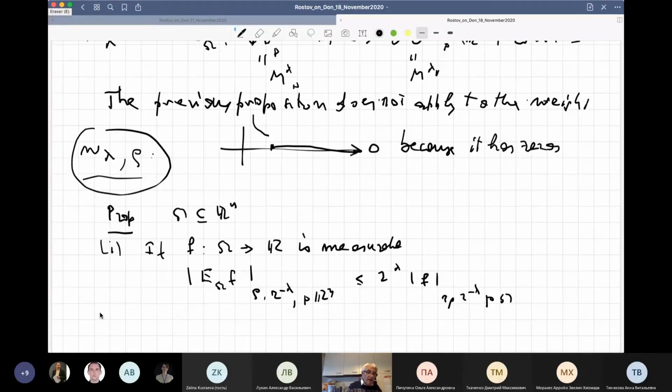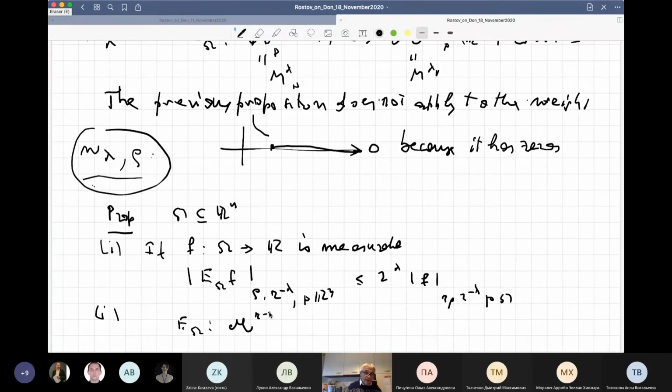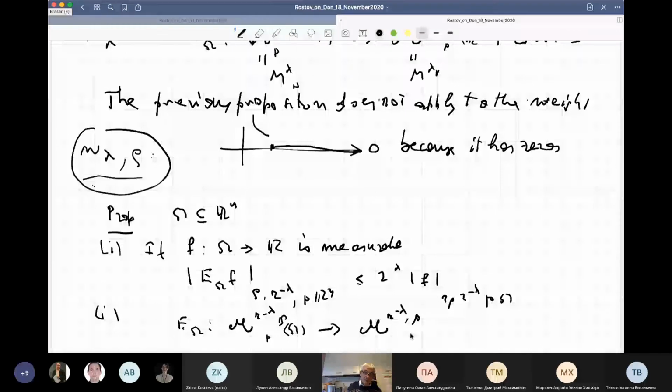And statement 2, which is what we are interested in now here, is that E omega from M R to the minus lambda rho P omega, which is what we wanted, into R to the minus lambda rho P of omega Rn is linear and continuous.